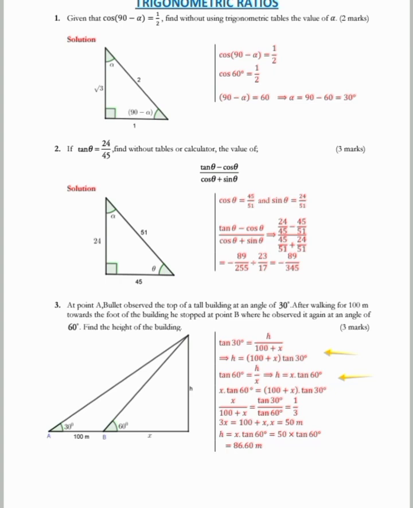So x tan 60 degrees is equivalent to (100 plus x) tan 30 degrees. From here we can find the value of x, and x is equivalent to 50 meters.